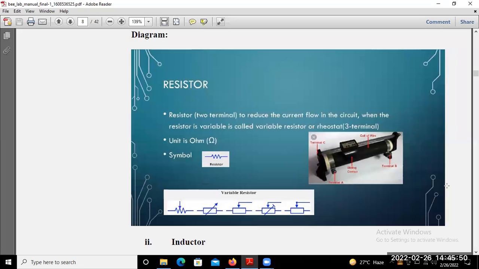Is the terminal of the rheostat clearly visible? At which position can we say that it is the maximum resistance, and at which position can we use the rheostat for the minimum? Sir, at terminal A it will be maximum and maybe at terminal B minimum. Maximum at terminal B or minimum?